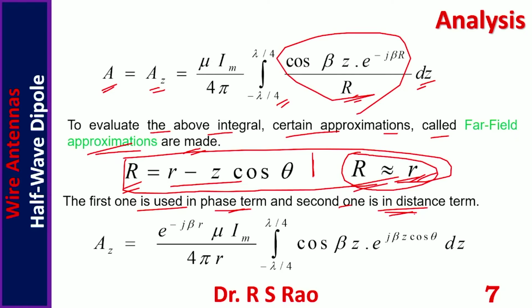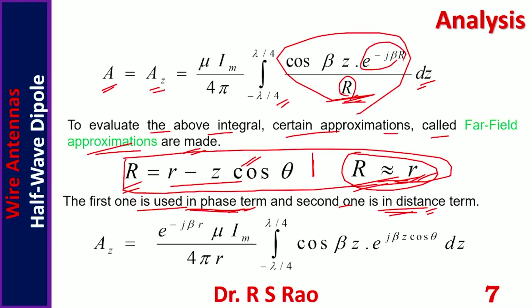That is one aspect. The second aspect is that the second approximation cannot be used in the phase term because it leads to a lot of error. So the first one is suitable and has to be used while dealing with the phase term while evaluating the integral, and the second approximation has to be used while dealing with the distance term, that is capital R. This is the phase term.